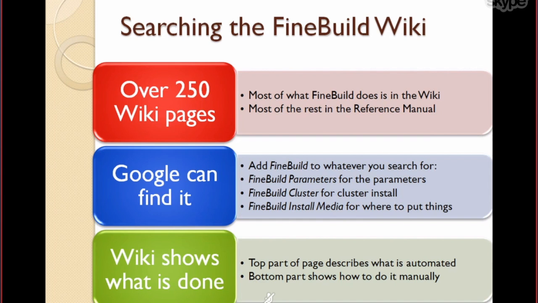An important thing is how to set up your install media. If you are installing things like .NET, various KB fixes and so on, these need to be in a specific folder. Google FineBuild install media to find out what you need and where to put it.